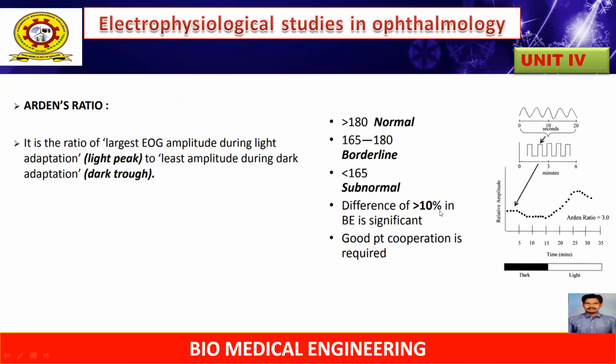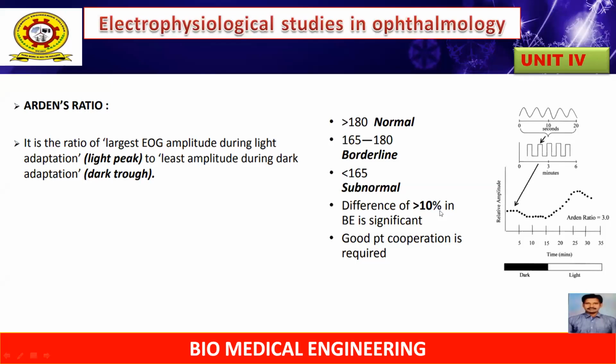Another important point about the Arden ratio: once again, here is the definition. It is the ratio of the largest amplitude during light adaptation to the least amplitude during dark adaptation. So the light peak divided by the dark trough is simply the Arden ratio. With respect to this figure, as in biomedical engineering, we have some reference levels.